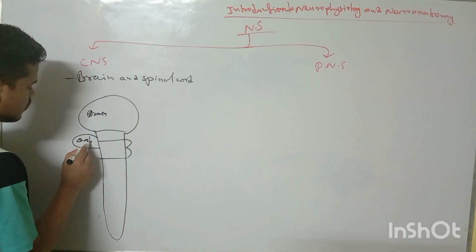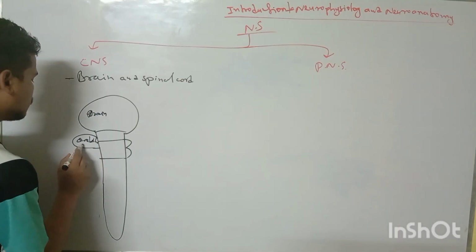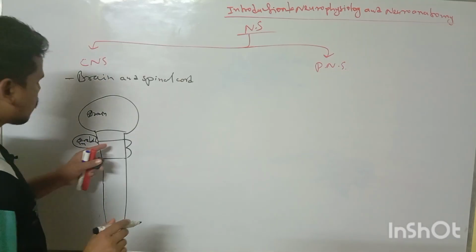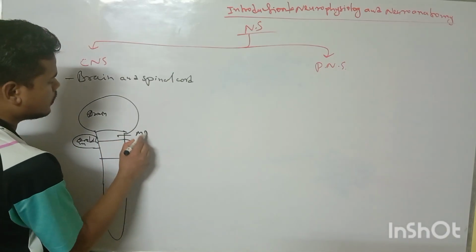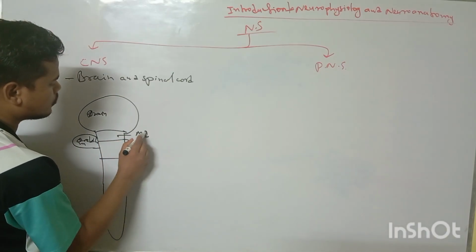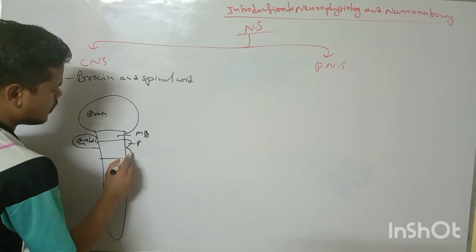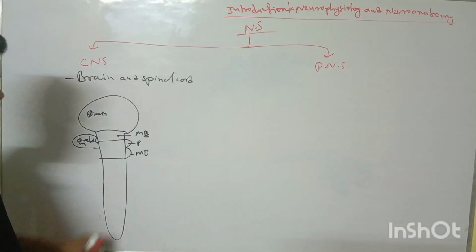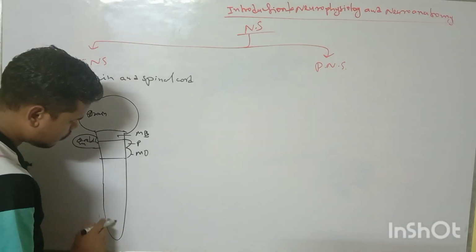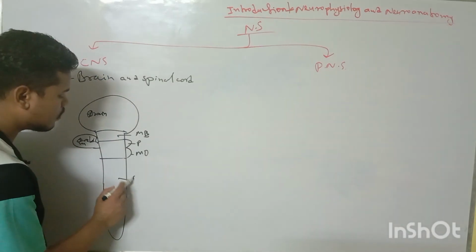Then this will be the cerebellum, then the midbrain, the pons, and this will be the medulla oblongata. And this medulla oblongata will be continued as the spinal cord.